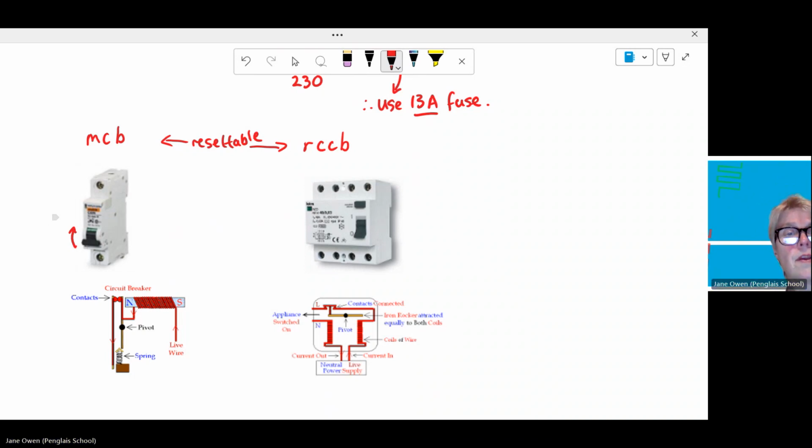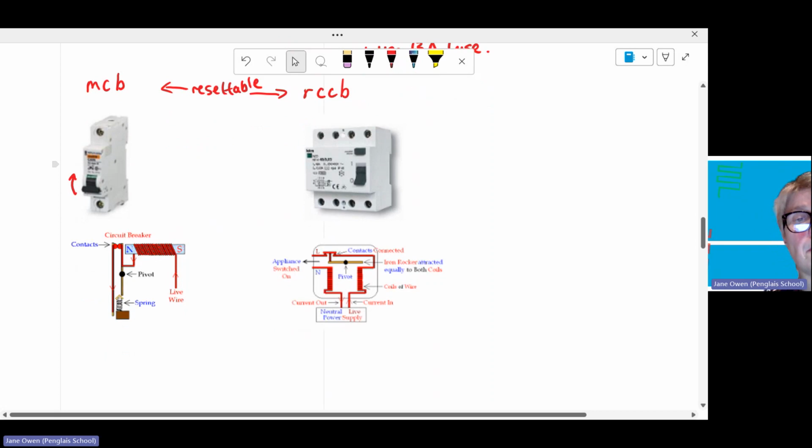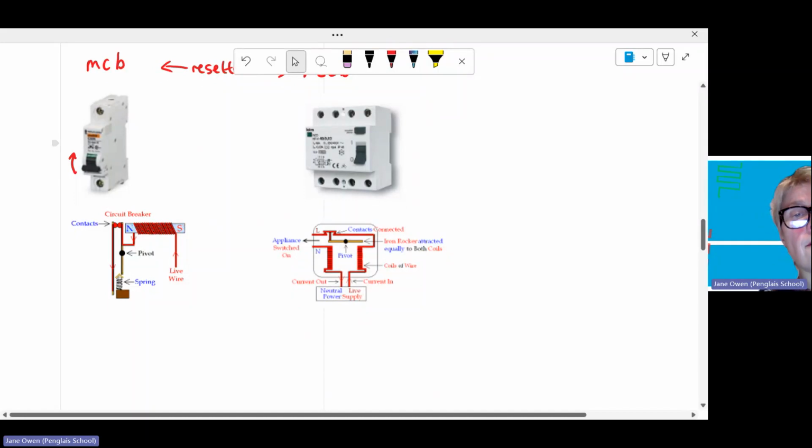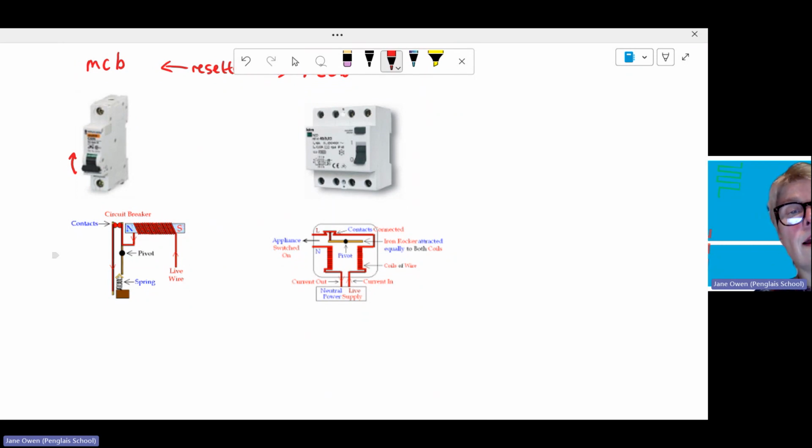and you can reset them without having to replace anything. And these work by electromagnetic switches, basically. If you have current going in through the live wire and out through the neutral, the current through the live wire will create an electromagnet, and that will pull the contacts open if the current is too strong.